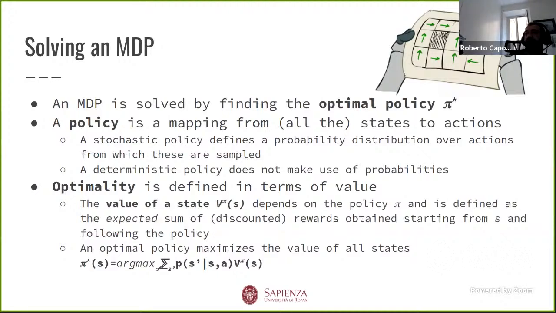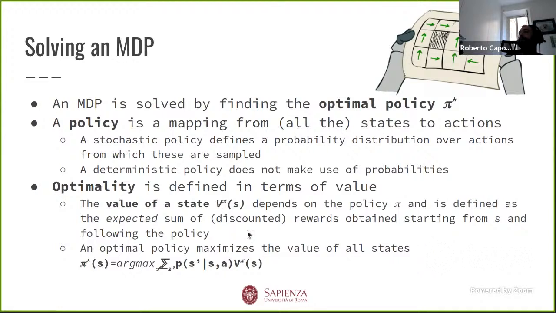Here I mentioned the term policy, and optimality instead is defined in terms of value. The value of a state, which depends on the policy that the agent is following, is defined as the expected sum of discounted rewards obtained by starting from the state S and following the policy pi.